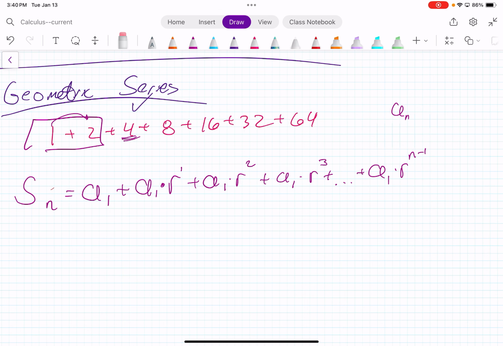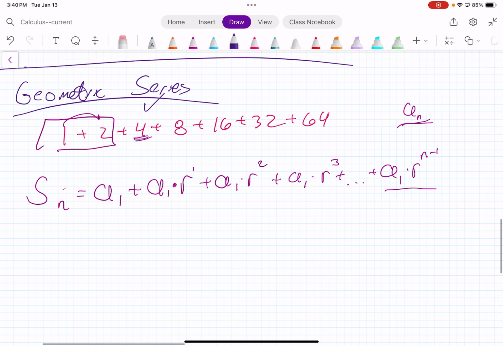Sorry, that's a sub n. That is the last term. Notice that's the formula that we wrote down just a minute ago, right? So I should have probably written the next to last term as well, but it's fine. What would it be? You tell me. A sub 1 times r to the n minus 2. I'm just going back one more, okay?